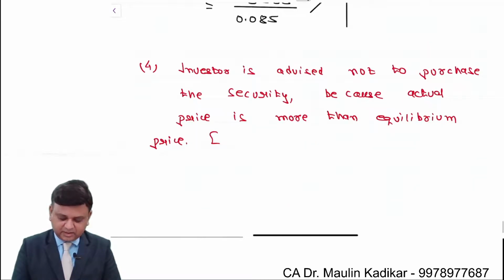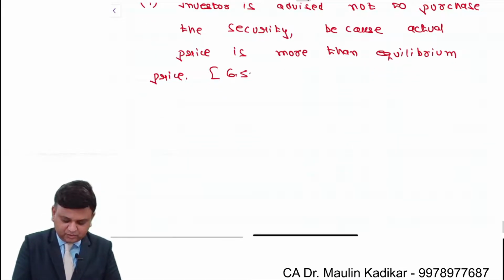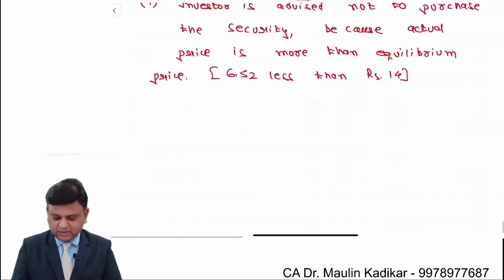In bracket write down 6.52 is less than rupees 14. Bracket over.